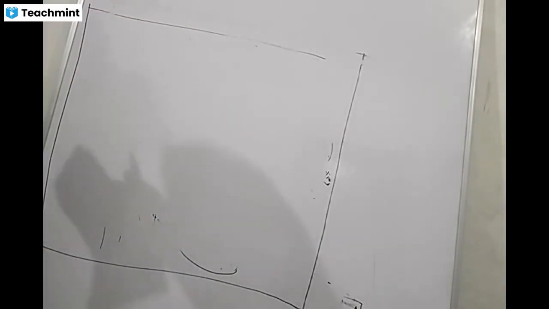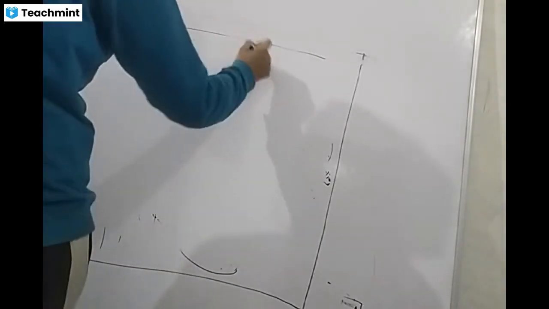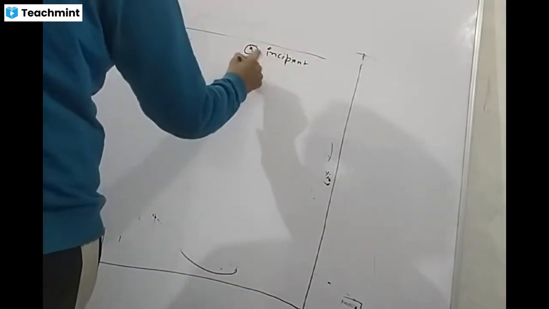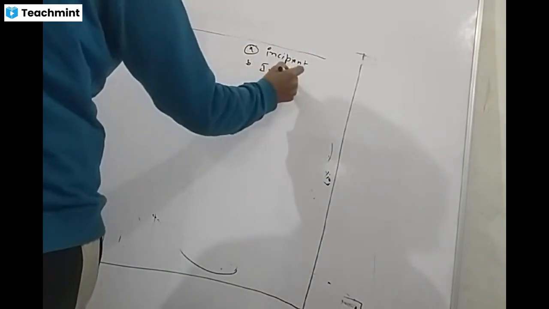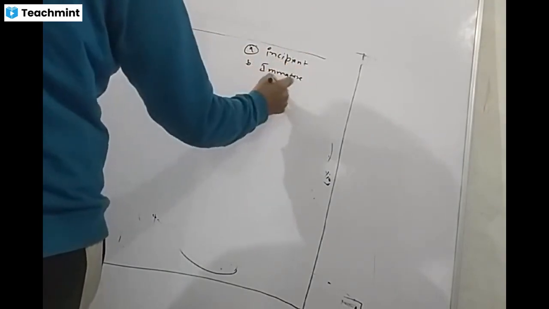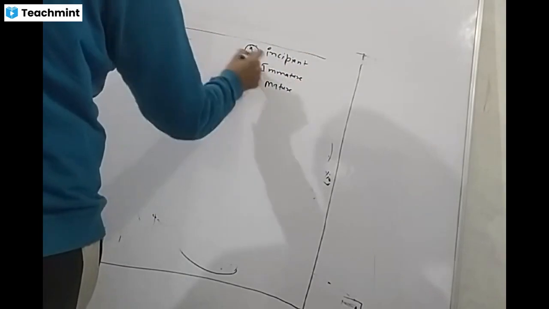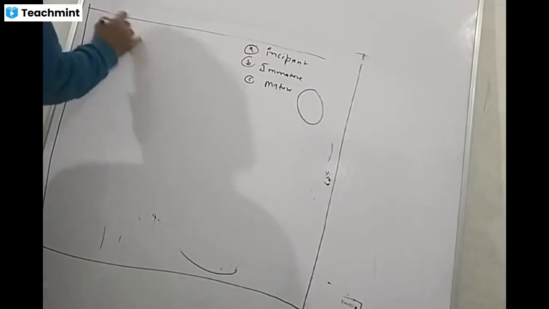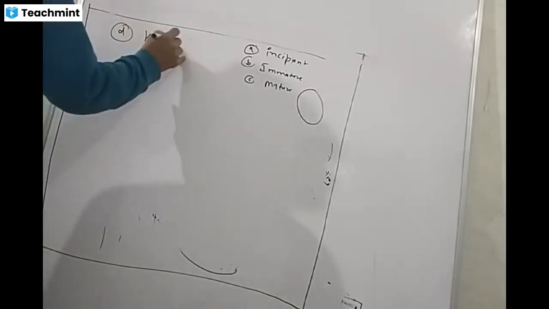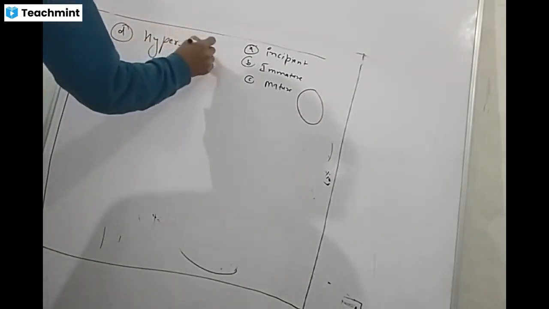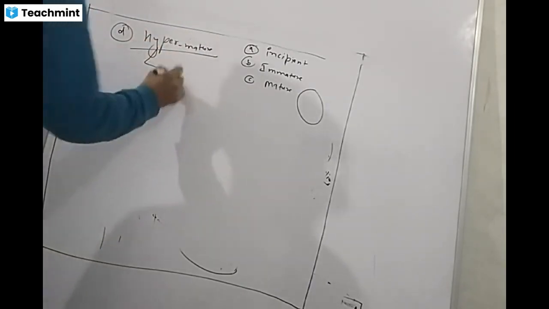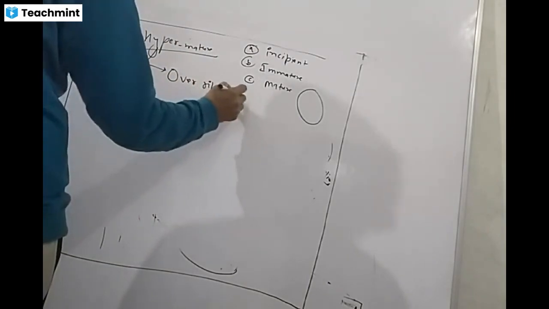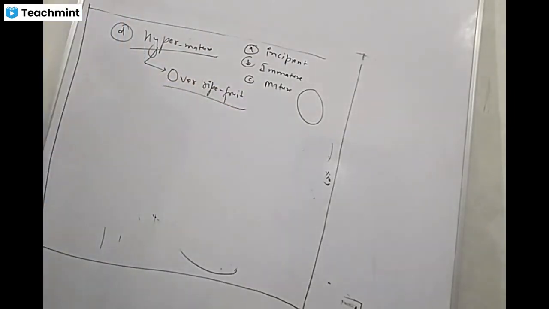So the first stage was a very early stage, we call it incipient. Second was immature, and third was mature, where the lens becomes swollen like this. Now the fourth stage is hypermature cataract. Hypermature means just like an overripe fruit, an overripened fruit.